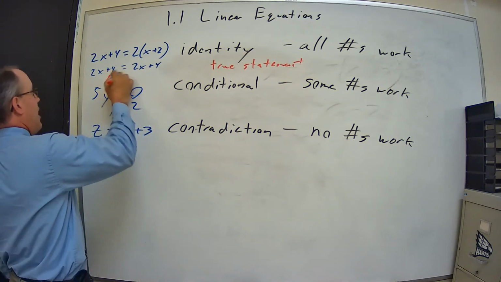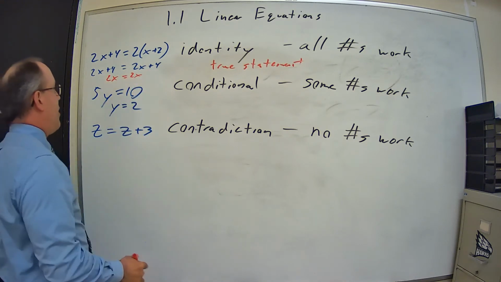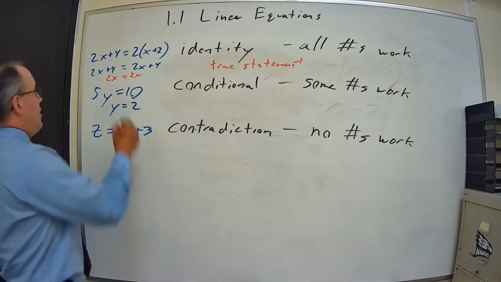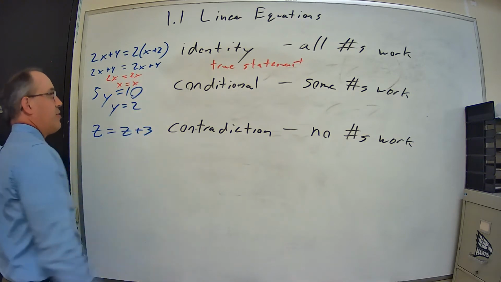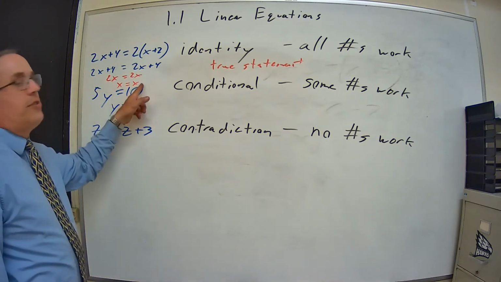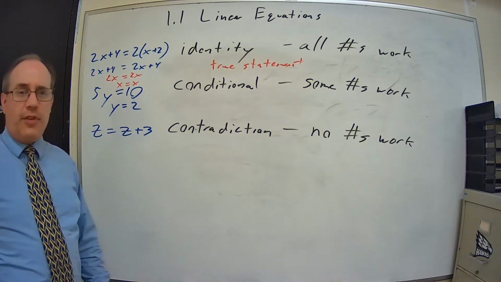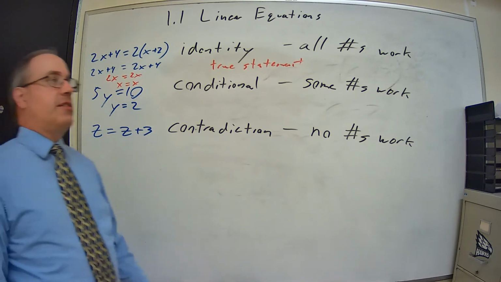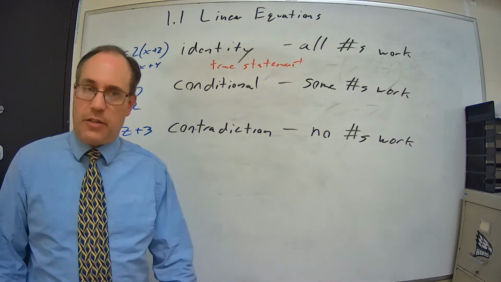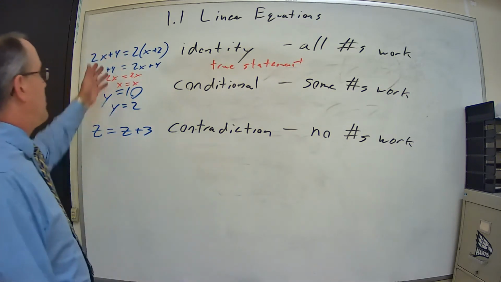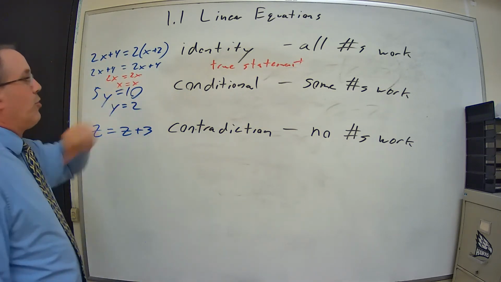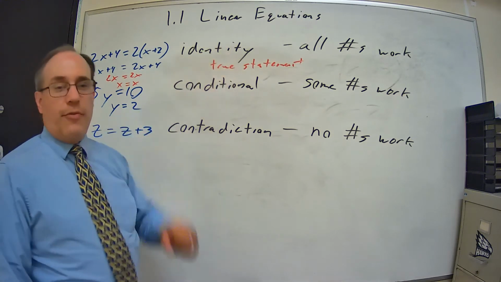I have 2x is equal to 2x. Now I divide both sides by 2. I get x is equal to x. Right? I end up with a true statement. X is equal to x. 7 is equal to 7. Negative 356 is equal to negative 356. So with an identity, we come up with something equal to itself.